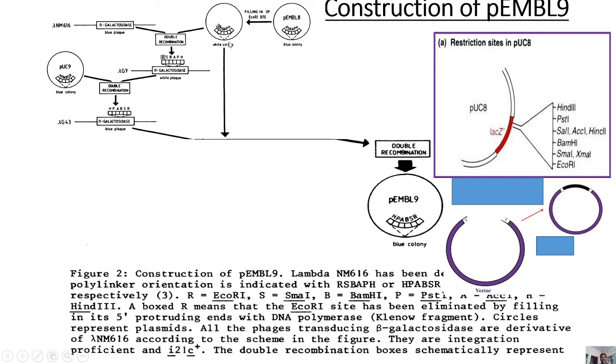Now the vector has a portion of DNA elements from pUC9. So that develops a pMBL9 vector with the lacZ region from pUC9 with the multiple cloning site.